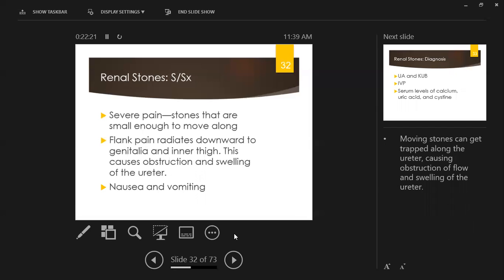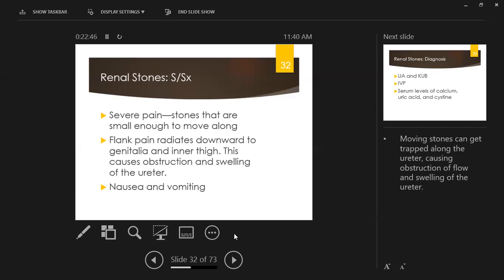Signs and symptoms: these are going to be severely painful for your patients, especially stones that are small enough to move along. They may end up displacing, but they might also move from an area where there's more dilatation, or more room, into a smaller area, and that would become extremely painful. Flank pain, which is down the sides of the abdomen, may radiate toward the genitalia and inner thigh.